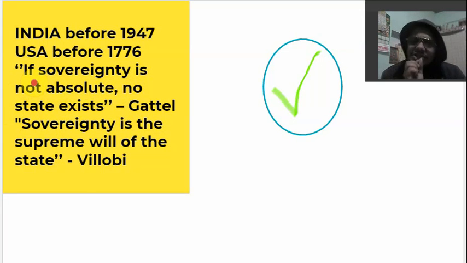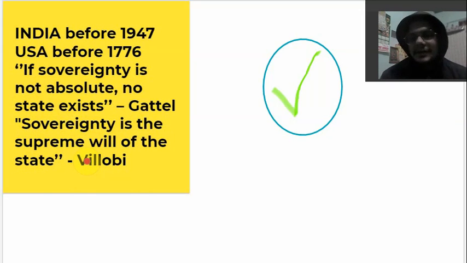There should be no restriction at all. It should be completely free. The government can take whatever decision it wants. There is no need to take any authorization, and if there is any sort of pressure, then there is no state. That is the importance of sovereignty. Willoughby says that sovereignty is the supreme will of the state.